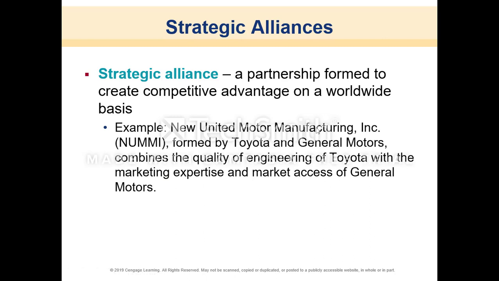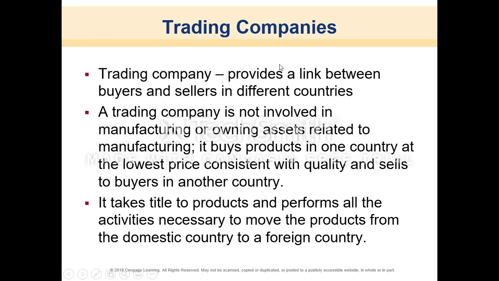Then there's also strategic alliances, partnerships formed to create competitive advantage on a worldwide basis. Strategic alliances are growing at a rate of 20% per year. And then there's trading companies, and they just provide a link between buyers and sellers in different countries.